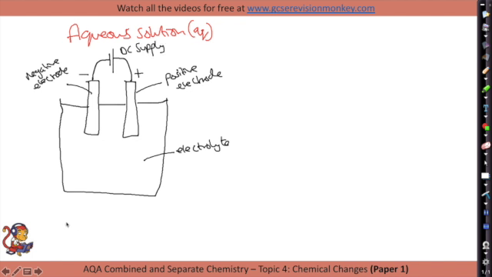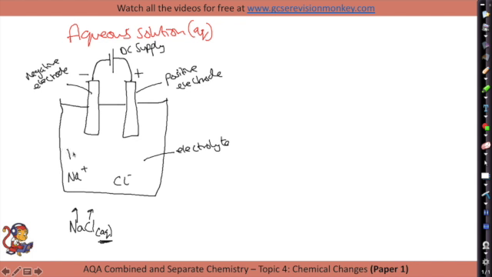So let's say for this example, we are doing the electrolysis of sodium chloride solution. With sodium chloride, if you were to split that up, you would have two ions, sodium and chloride. But because it's in solution, it also means that you have the ions that are in water.